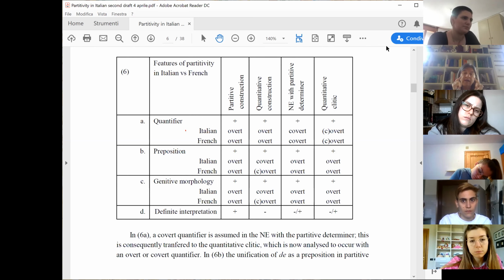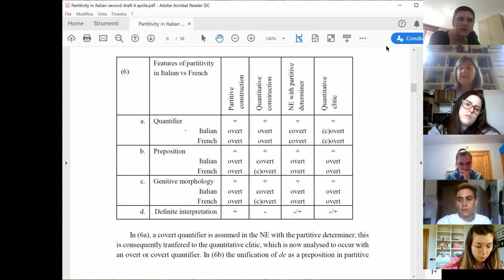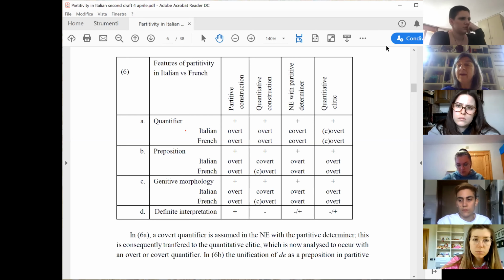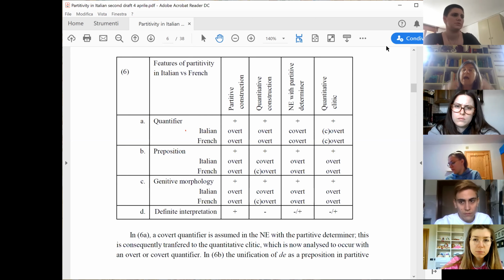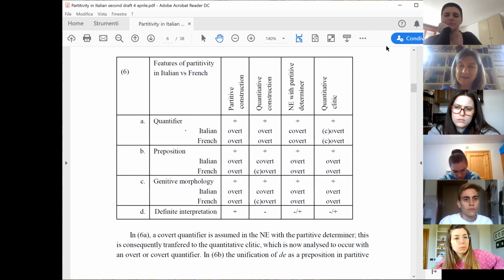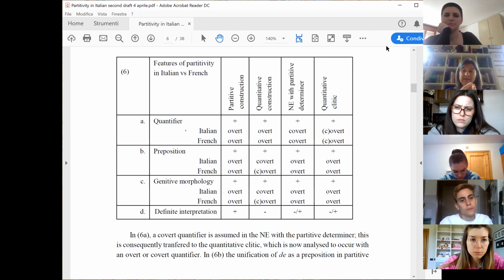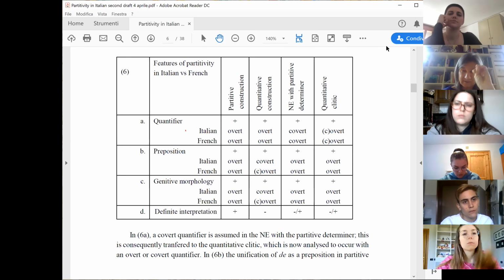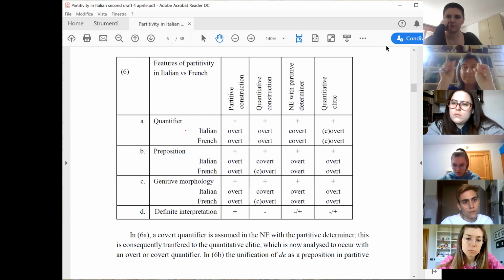Here, the possibility would be to unify the quantifier. One could say the quantifier is always present, even when we don't hear it. Even with bare nouns, when I say ich habe Frauen, ich habe Mädchen gesehen, what I am projecting in the structure is ich habe, silent quantifier, which means an indefinite quantity, von Mädchen.